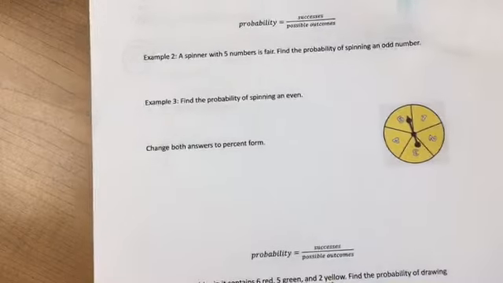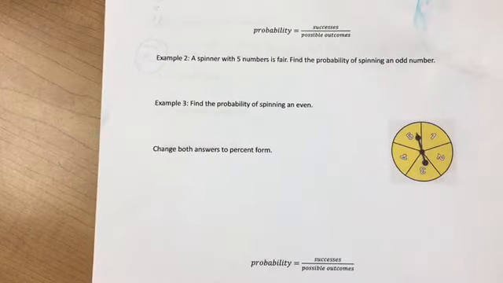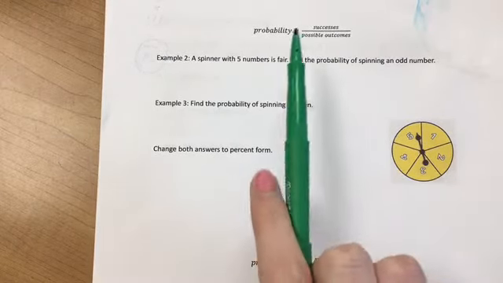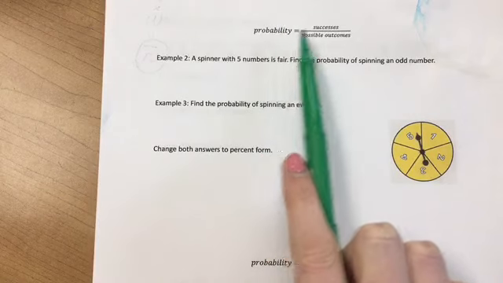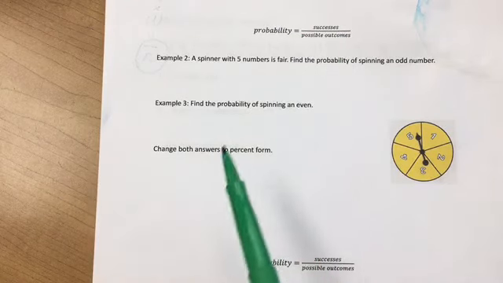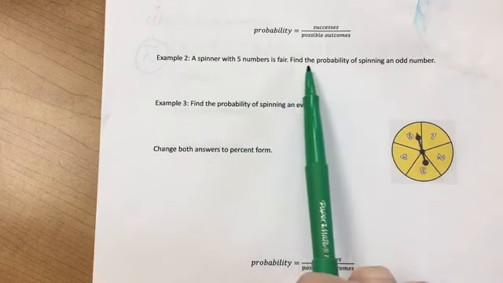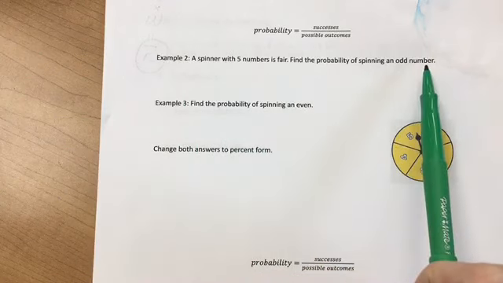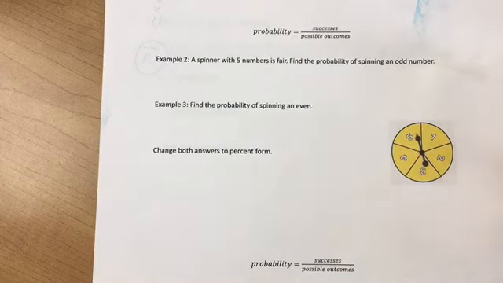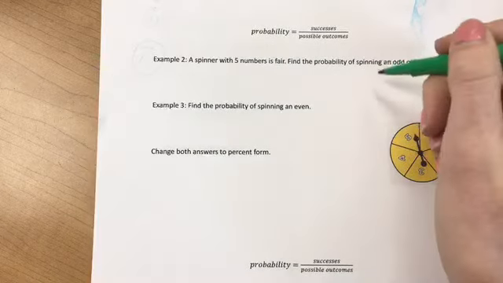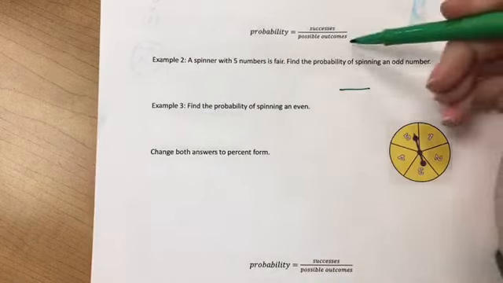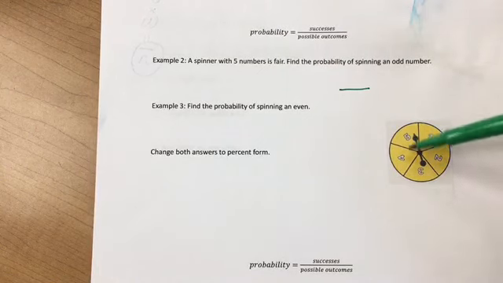Again, we have a spinner. And I brought over the probability formula again, successes over possible outcomes. A spinner with 5 numbers is fair. Find the probability of spinning an odd number, or landing on an odd number. So again, let's set up our fraction. How many possible outcomes are there?